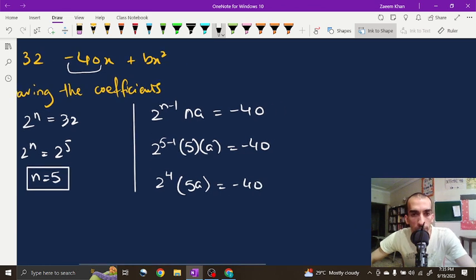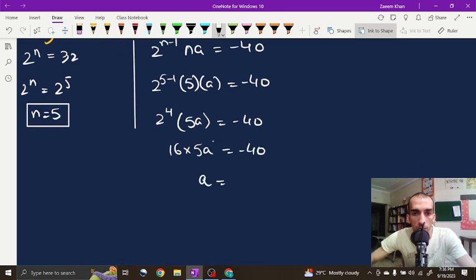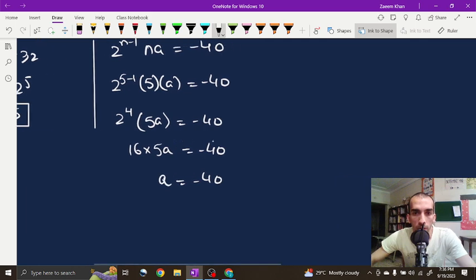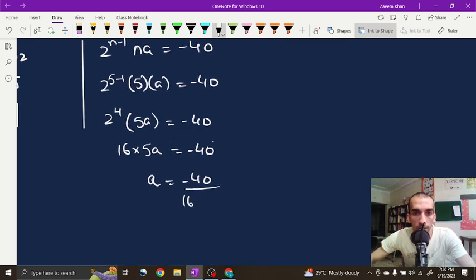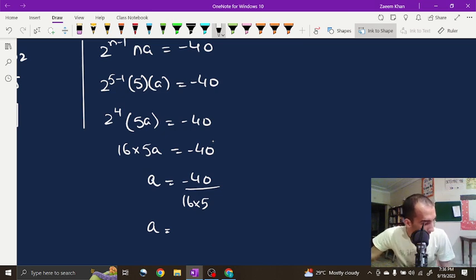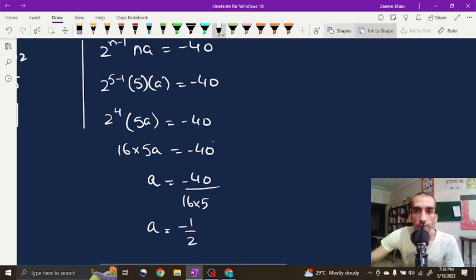How much is 2 raised to the power 4? 16. 16 into 5, 5a, is equal to negative 40, and we can jump to conclusions here. 16 divided by 5, and if we pick up a calculator, what does it come out to be? Minus 1 over 2. That's the value of a.